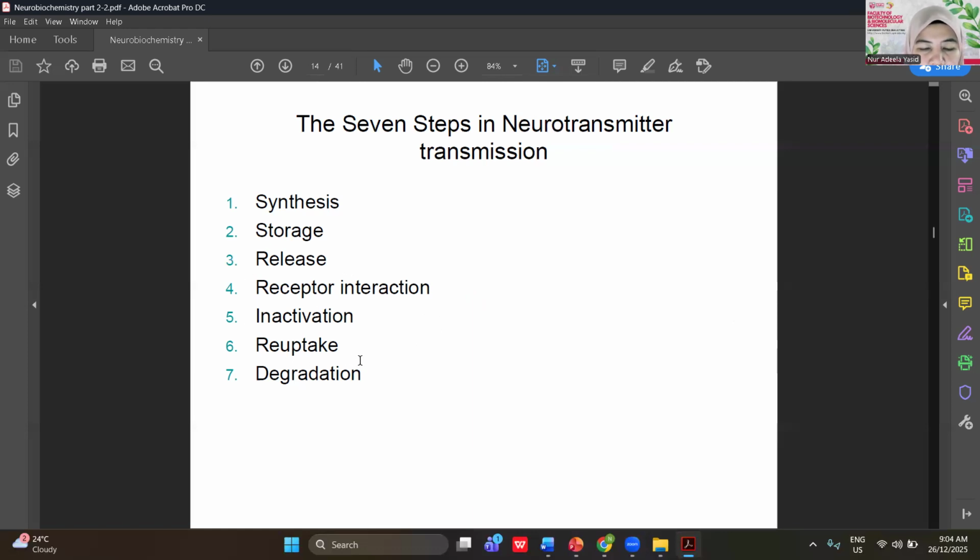Then we have reuptake. The unused neurotransmitter is reabsorbed into the presynaptic neuron or nearby glial cells for reuse. Last but not least, we have degradation. Neurotransmitters are broken down by enzymes in the synaptic cleft, ensuring signal termination.